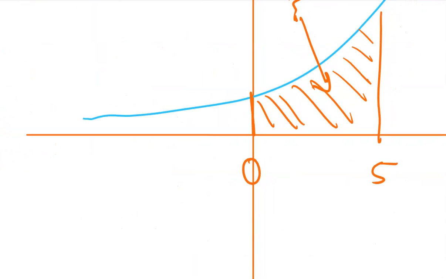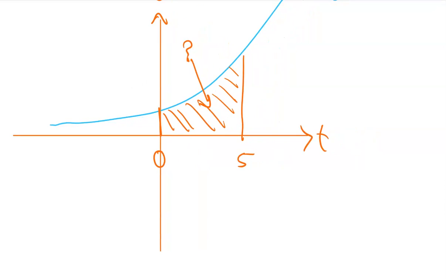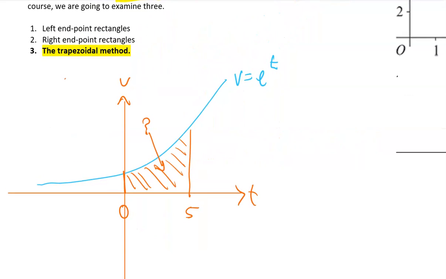So let's go to here. Okay, and let's do it with our question that we started with. I'm just going to rub this bit out. I'm still going to go to 5. Okay, so I'm going to go back to this function, e to the t.